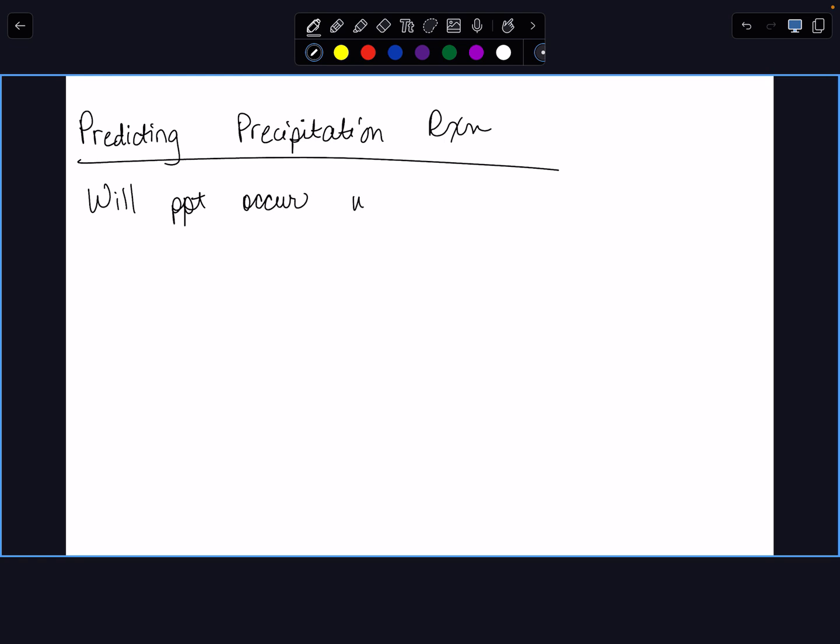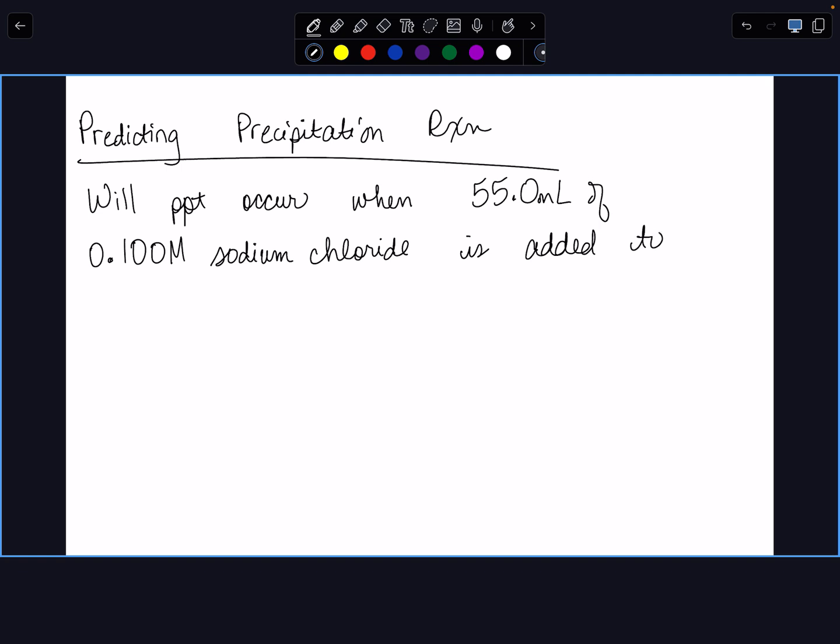Will precipitation occur when, I don't know, 55.0 milliliters of 0.100 molar sodium chloride is added to 325 milliliters of 0.200 molar silver nitrate.